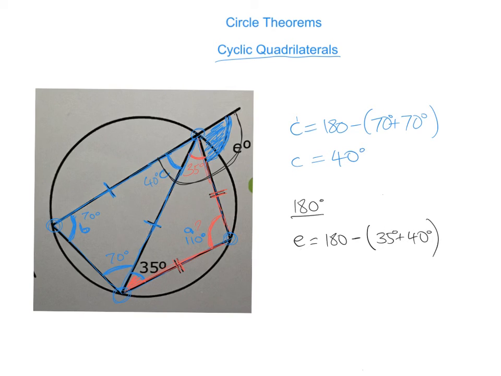Let's put our degree symbol in, so don't forget the degree symbol. If we do 180 minus (35 plus 40), E equals 180 degrees minus 75 degrees, and then E equals 105 degrees. So our answer to this exam question is that E equals 105 degrees.